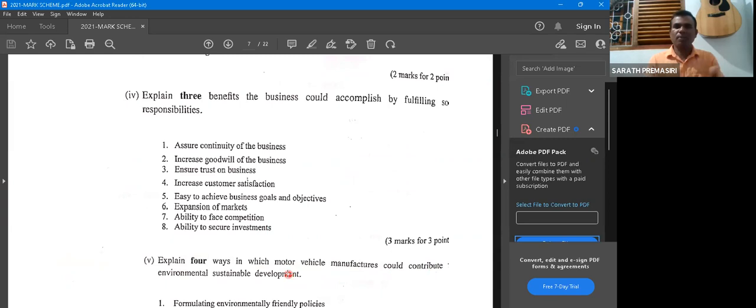There are 3 areas of sustainable development: economic sustainable development, social sustainable development, and natural or environment sustainable development.